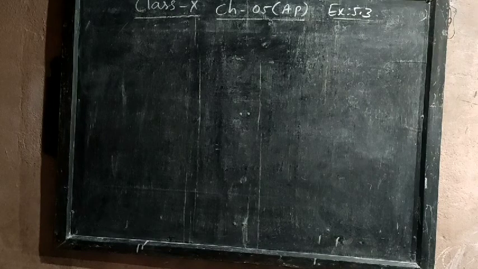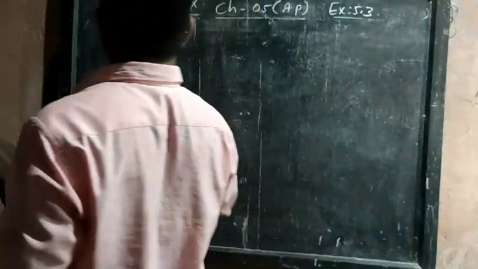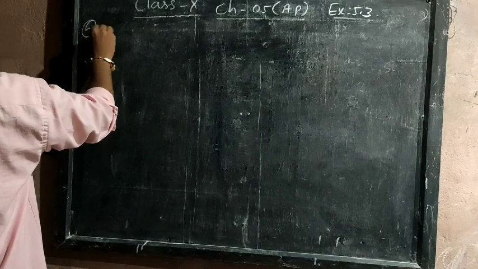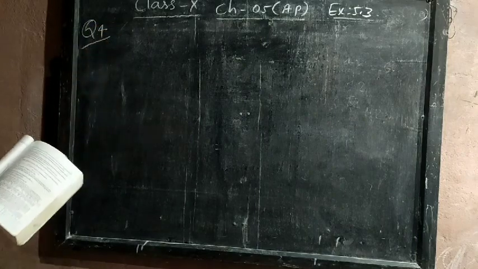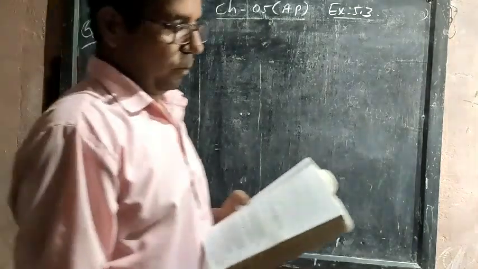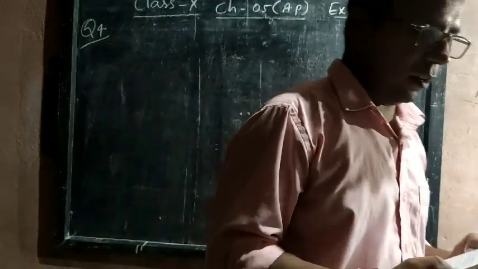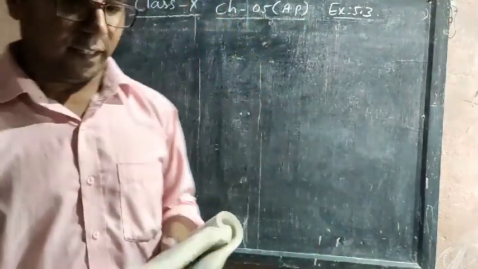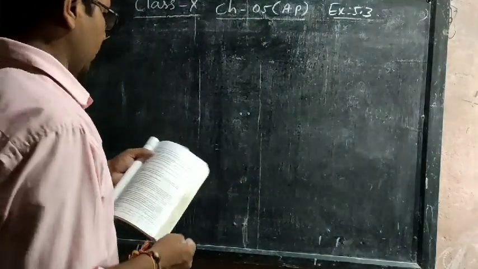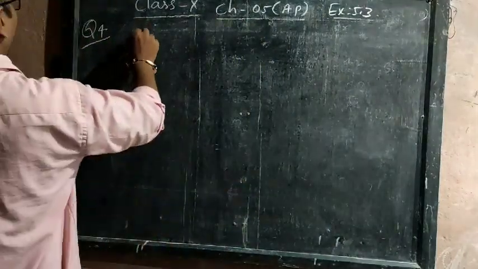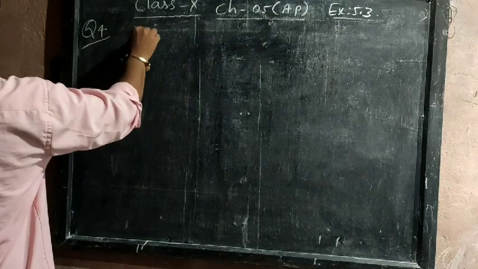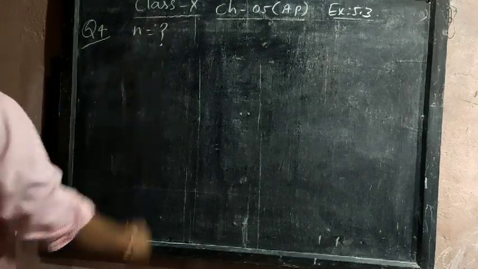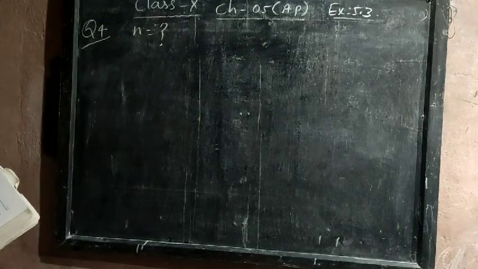Now students, let's see question number 4. That is: how many terms of the AP 9, 17, 25 and so on must be taken to give the sum of 636? So the question is to find the value of n.